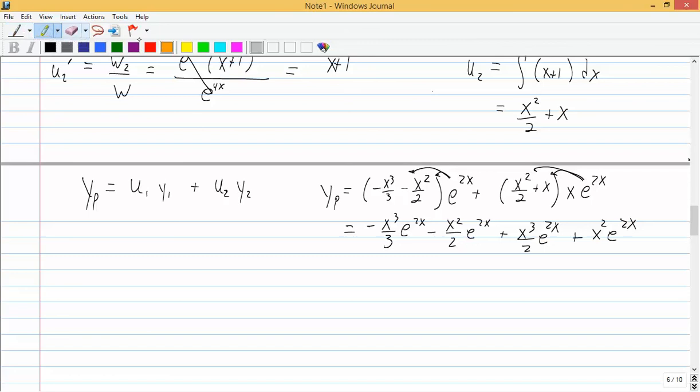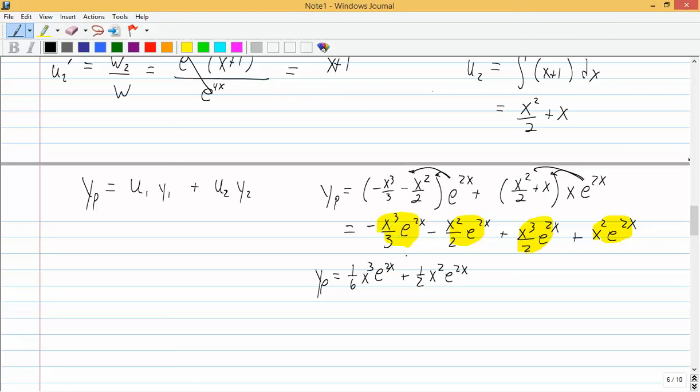So, whether you see it or not, hopefully you see it, this term and this term are like terms. This term and this term are like terms. You just have to add the coefficients together. And you get that y sub p is equal to 1/6 x cubed e to the 2x plus 1/2 x squared e to the 2x.